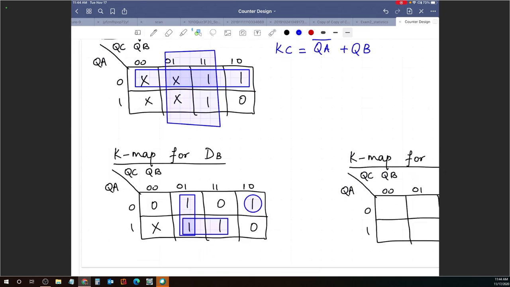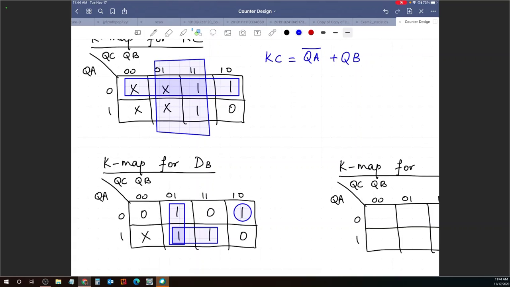That is all I need. So DB here is going to be QC complement and QB, or QB and QA, or QC and QB complement and QA complement.